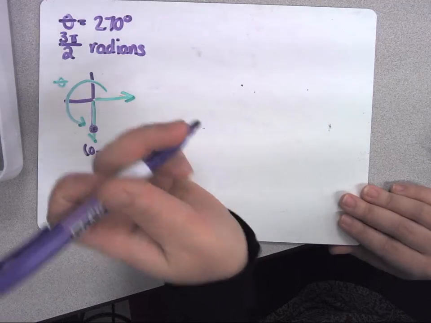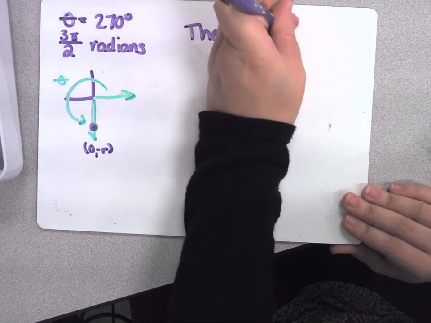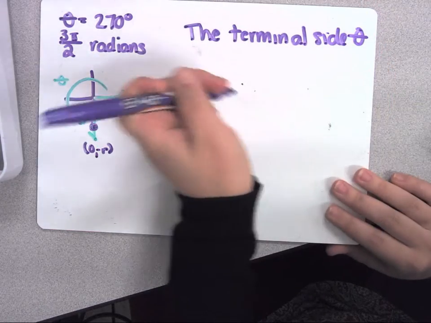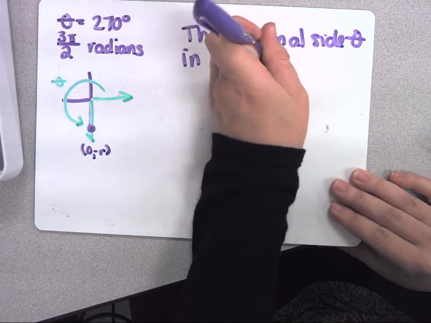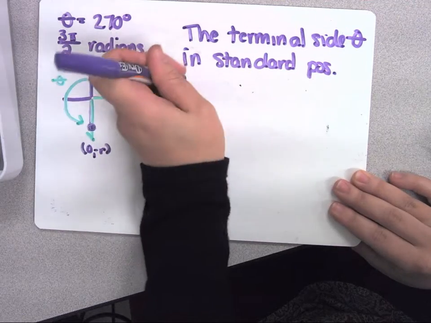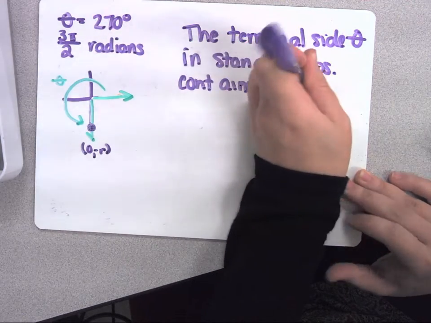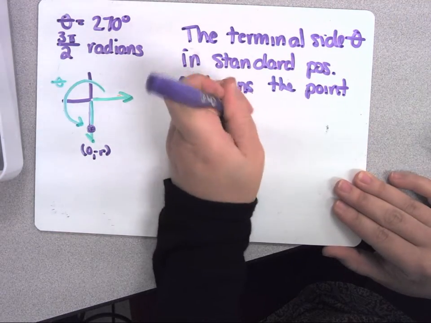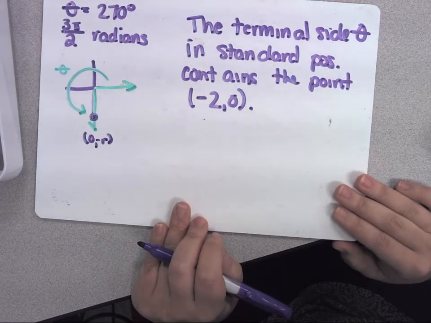Now, this one says the terminal side, and always gives you theta, in standard position contains the point -2 comma 0. Find the 6 trig functions.